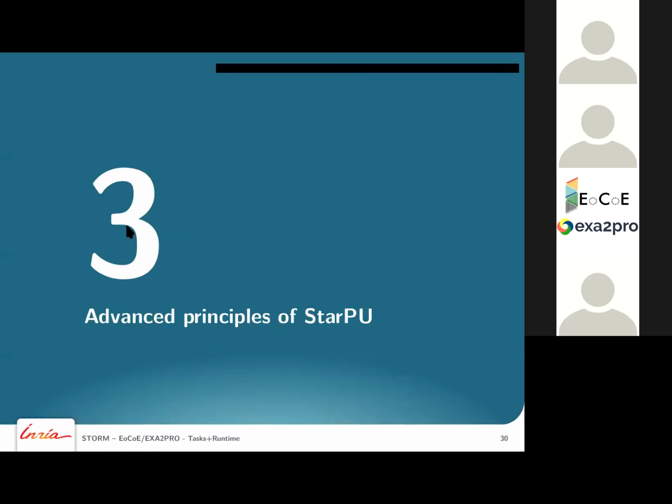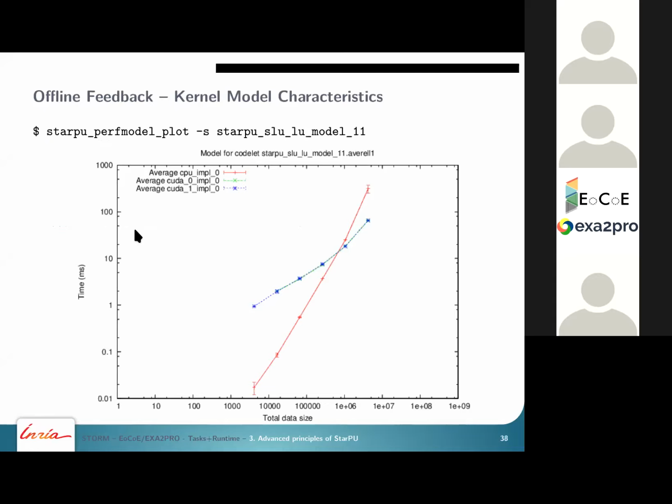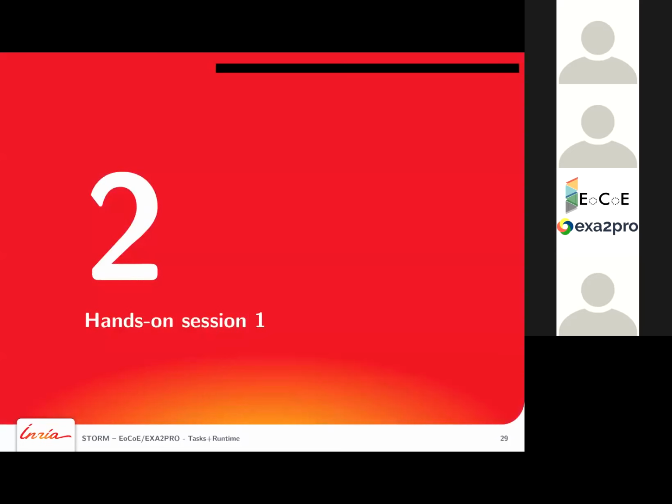I don't remember if I have this here. No, but it is explained in the manual. I'll put it in the chat. StarPU data acquire allows you to say, now I want to wait for the tasks that have been producing this data, for instance in read mode, and from then on, you can access the data through the original array that you had initially.